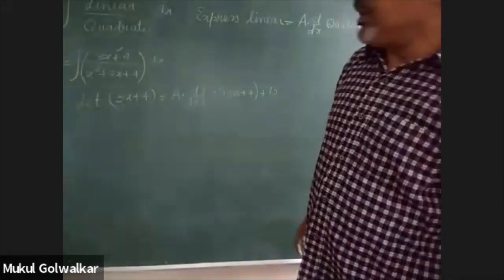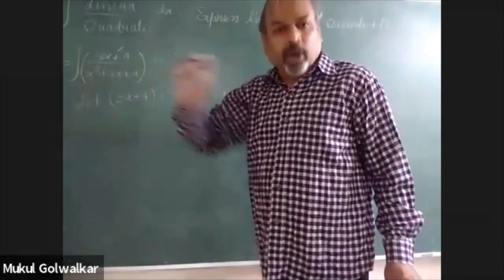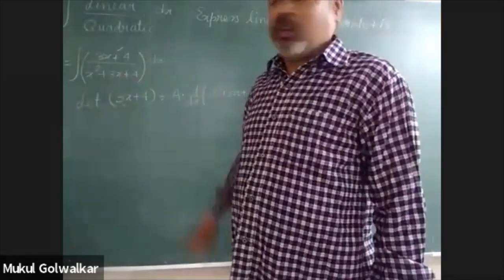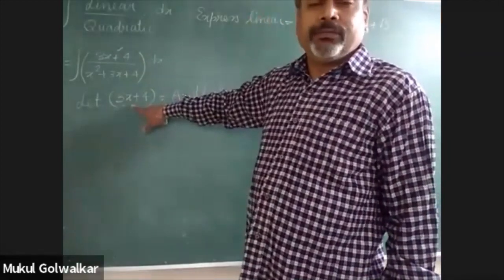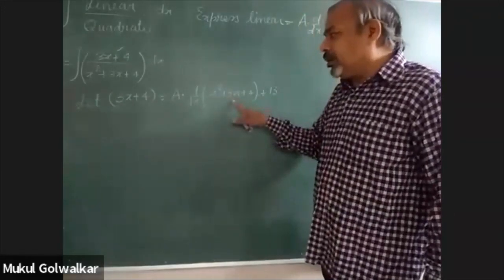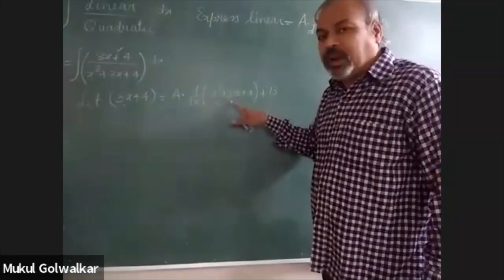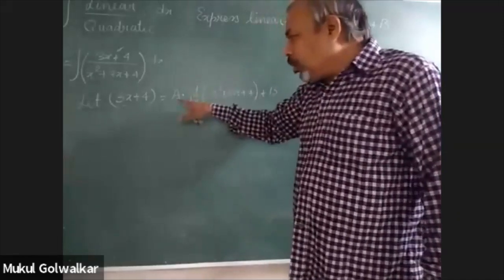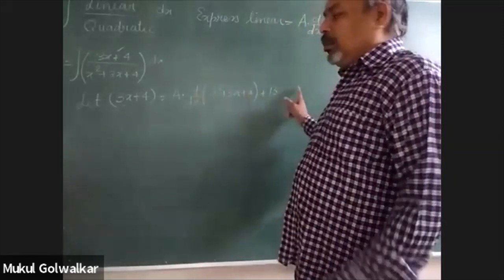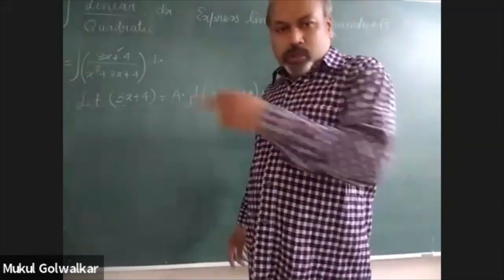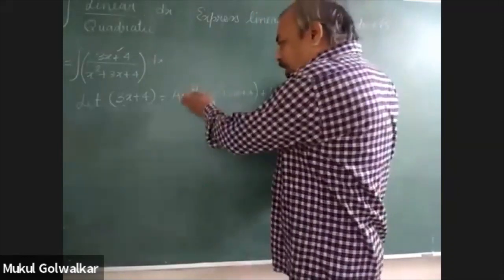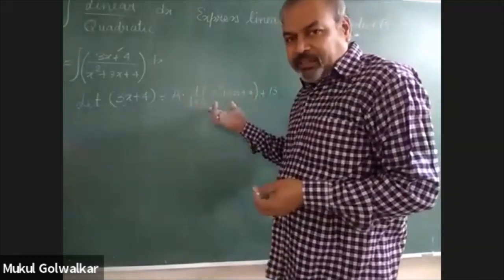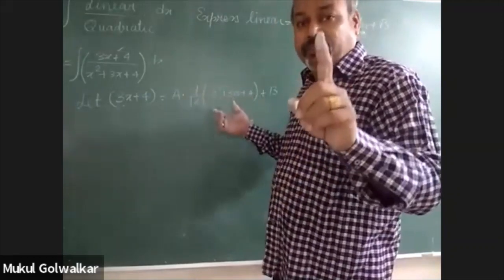And now let me tell you whether this assumption is logically right or wrong. What is the degree of the expression on the left hand side? 1. Okay. When you differentiate a quadratic, what will be the degree of the derivative? 1. So now you can compare one thing, that for some constants a and b, we will evaluate the values of those constants a and b. But logically on RHS, whatever expression I have written, the degree of that expression is also equal to 1.